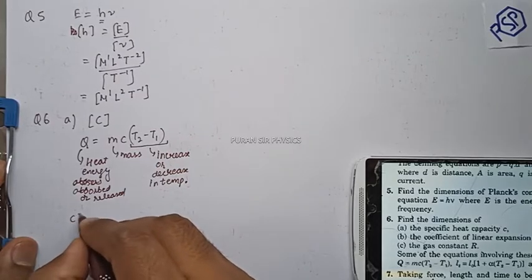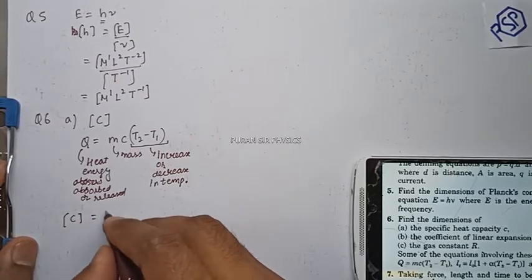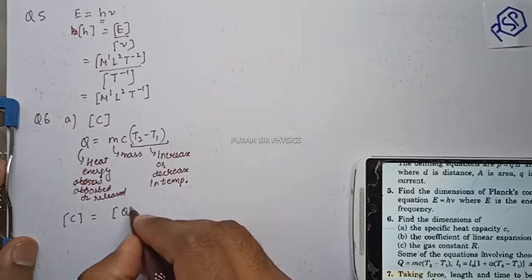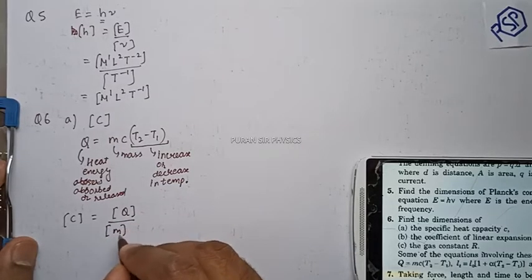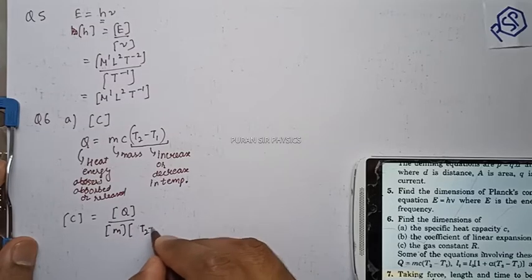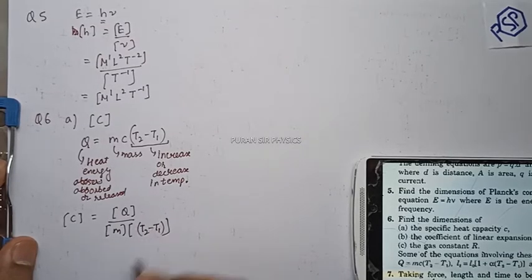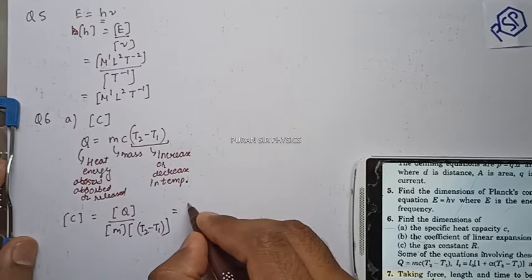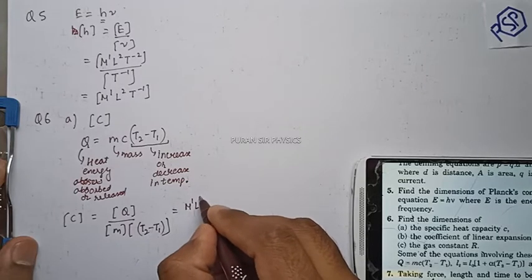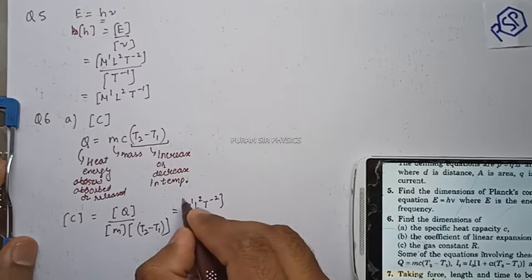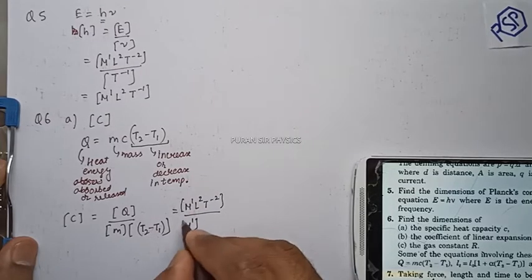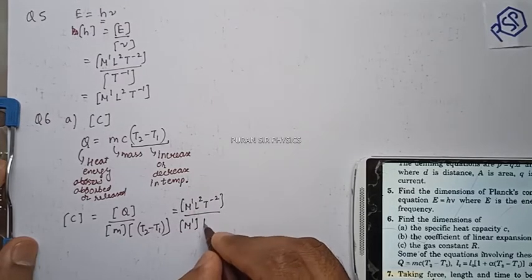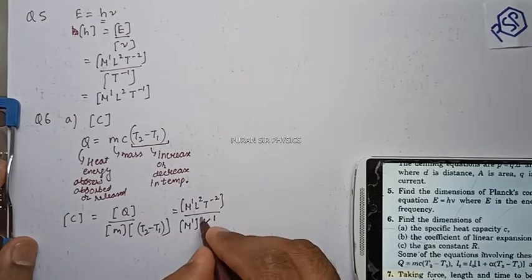So from here the dimension of specific heat capacity will be dimension of heat energy divided by dimension of mass divided by dimension of T2 minus T1. So it will be, energy is M raised to power 1, L raised to power 2, T raised to power minus 2, and mass M raised to power 1, and temperature you can say Kelvin, so K is the symbol for that, K raised to power 1.